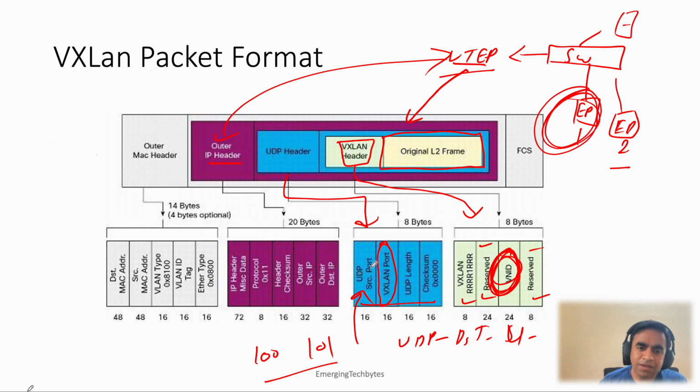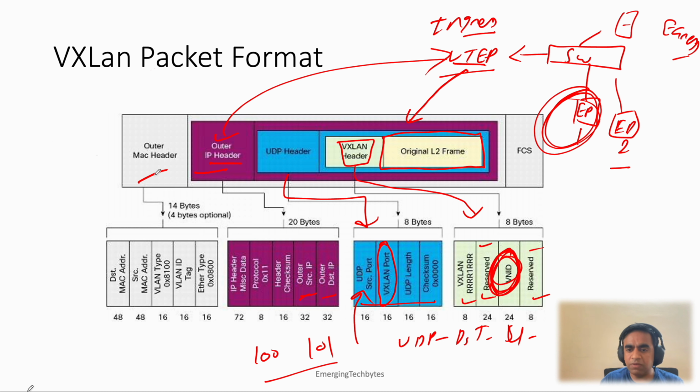Then come to the IP header. That is nothing but your IP addresses, source IP and destination IP. What is the source IP? Ingress VTEP. What is the destination IP? Egress VTEP. And the rest are these MAC headers. We will look at these in upcoming slides.